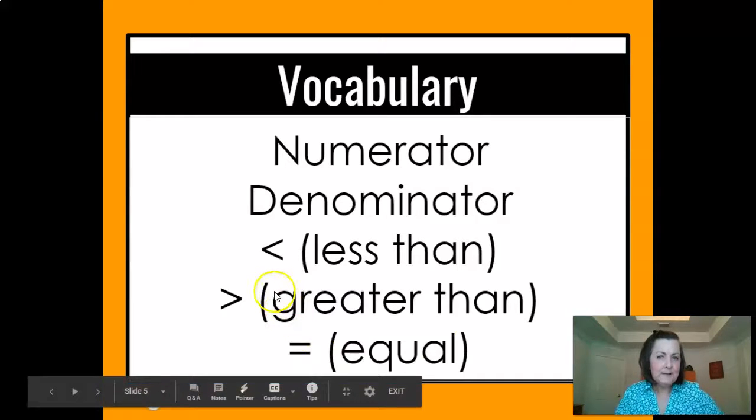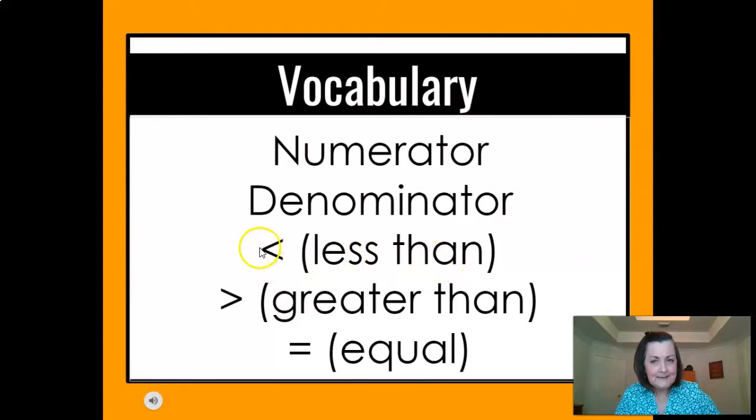This symbol here, boys and girls, is less than. You can see that this part of the symbol points to the number that is less, and this side of the symbol is greater, so it will be facing the number that's greater.